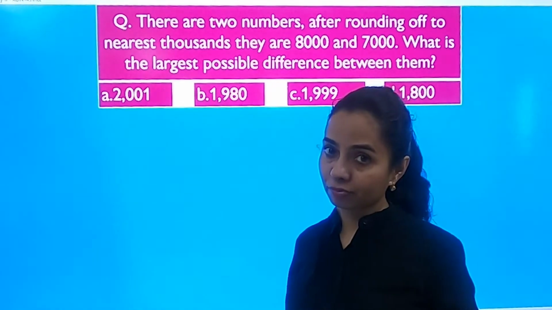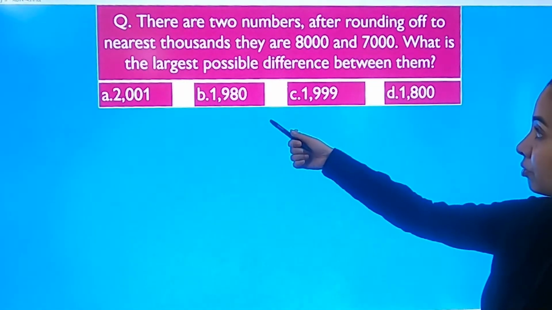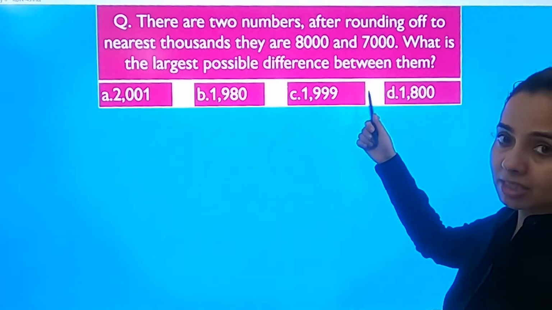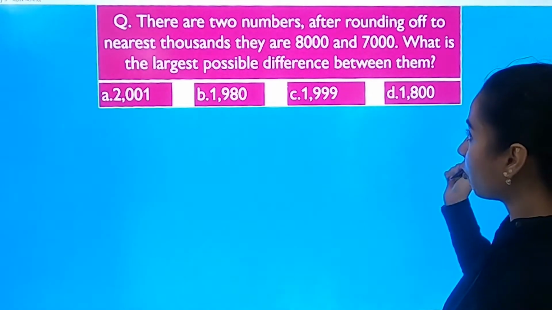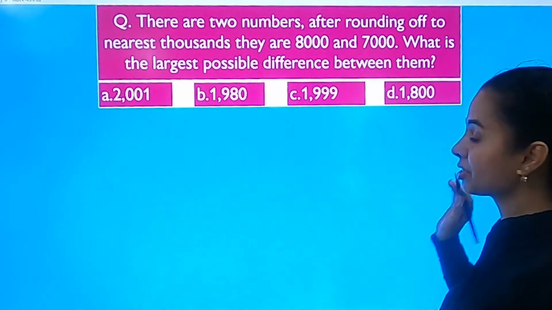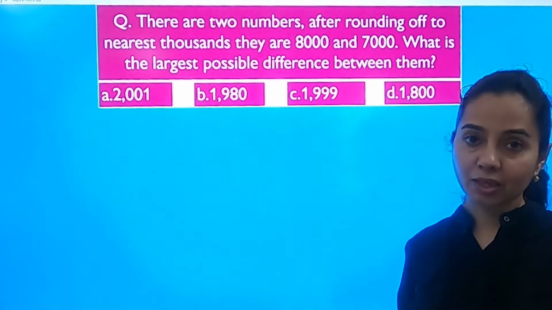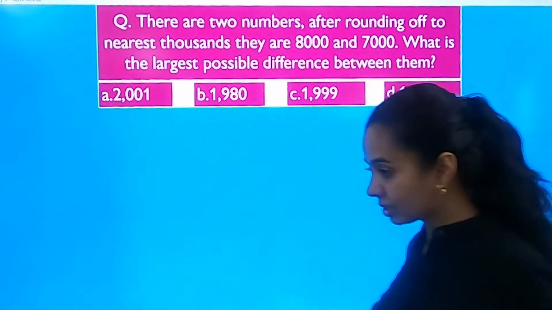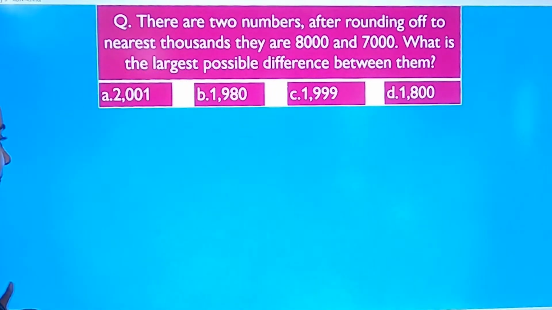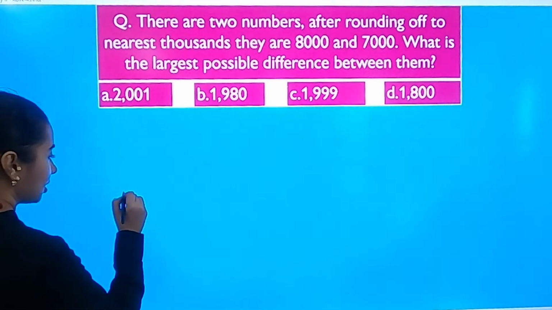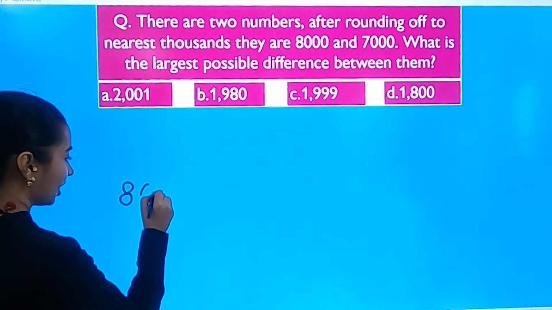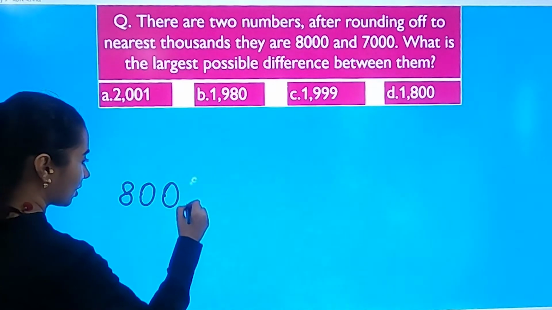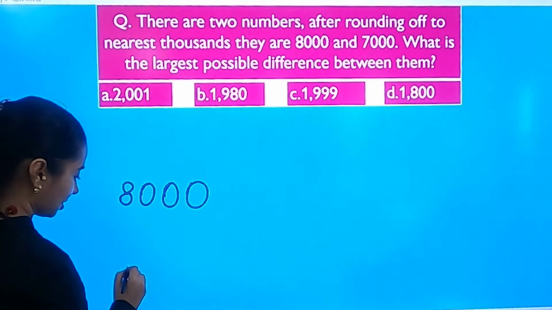After rounding off to nearest thousands, they are 8000 and 7000. What is the largest possible difference between them? What does it mean? It means that they're saying two numbers after rounding off have given 8000 and 7000.